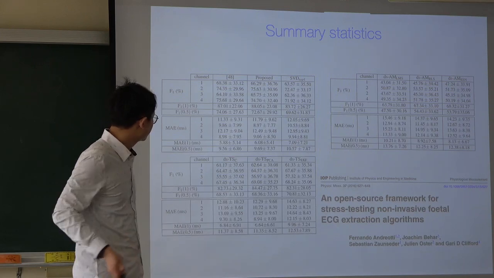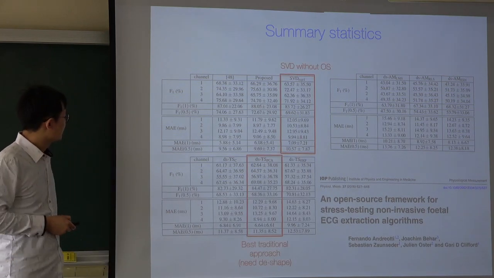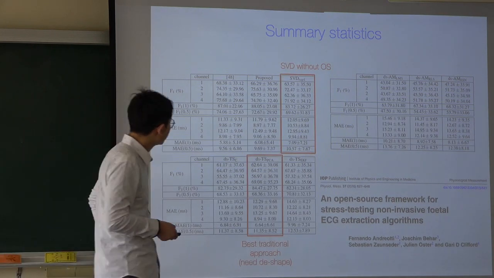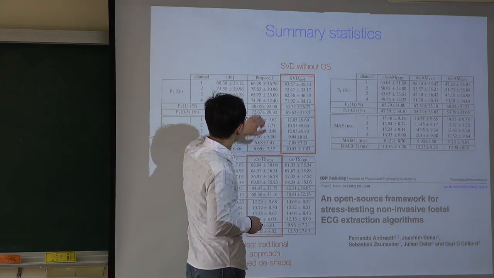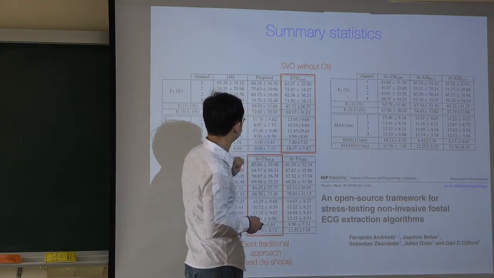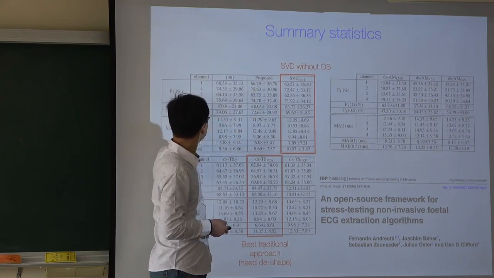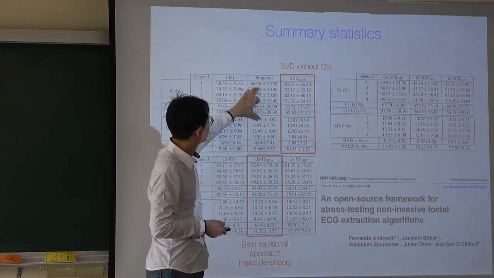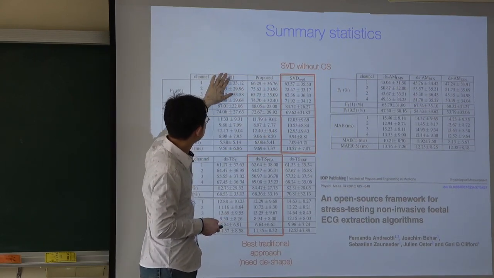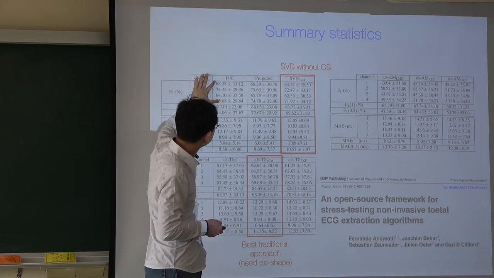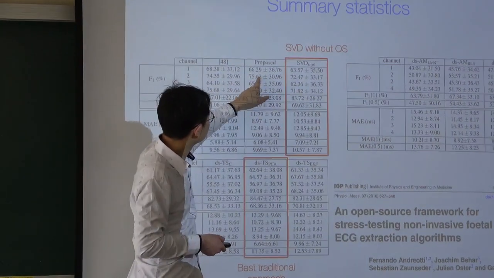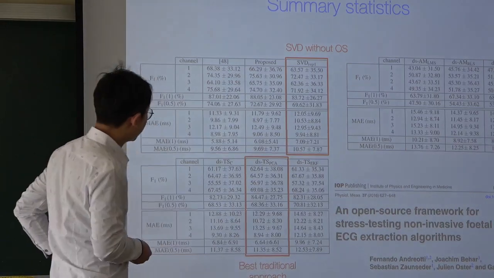And you can see that the best one is this proposed algorithm, almost, in F1 or MAE, if you compare with all the others. And this 48 citation is the older version of the proposed algorithm. It performs quite well.